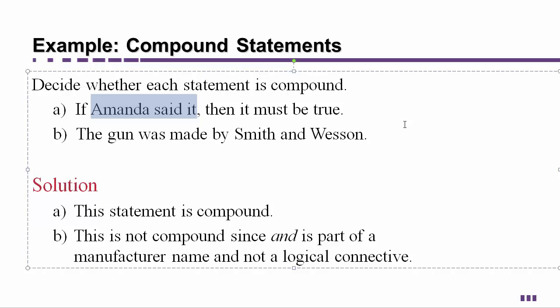Either Amanda said something, so it's true, or she didn't say it and it's false, right? And then if and then are our connectors, and then the other statement is it must be true. Again, whatever it is that she said, must be true is something that can be true or false, but can't be both, right?